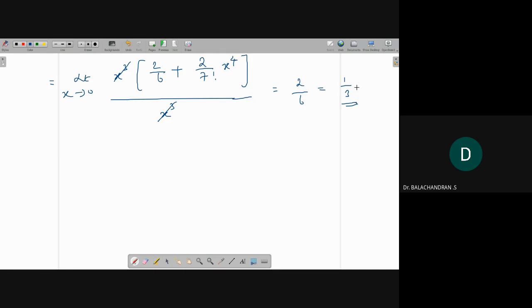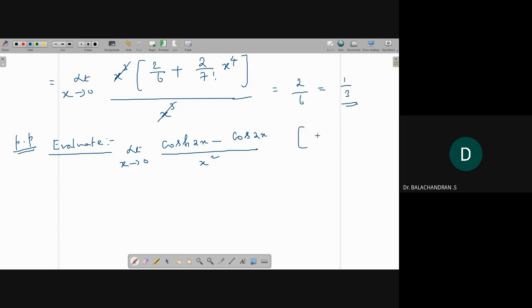Now I will give you a similar type of practice problem. Practice problem 1: Evaluate the limit as x tends to 0 of (cos h2x minus cos 2x) divided by x square.